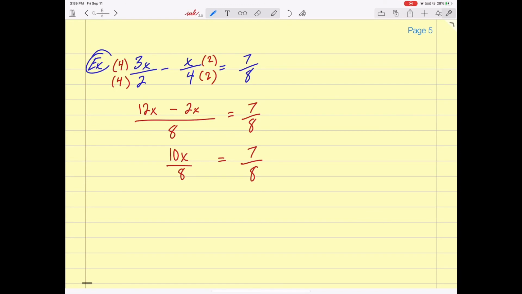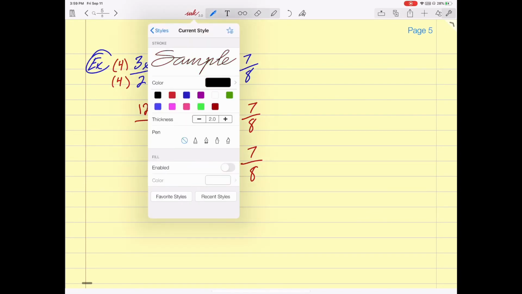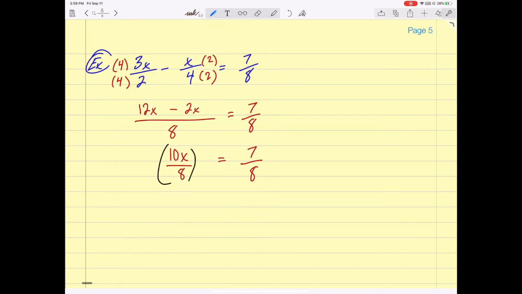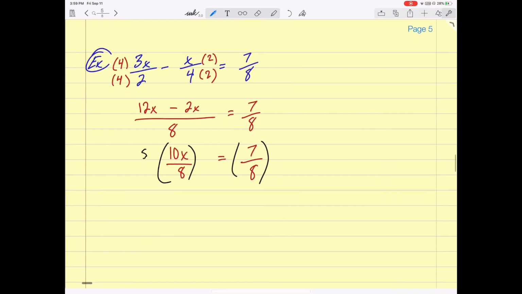Let's use that reciprocal idea again, because we just did it on the last problem. Let's multiply both sides by 8/10. On the left, these cancel and we're left with x. On the right, your 8's cancel, and you're just left with 7/10. So 7/10 is our solution there.